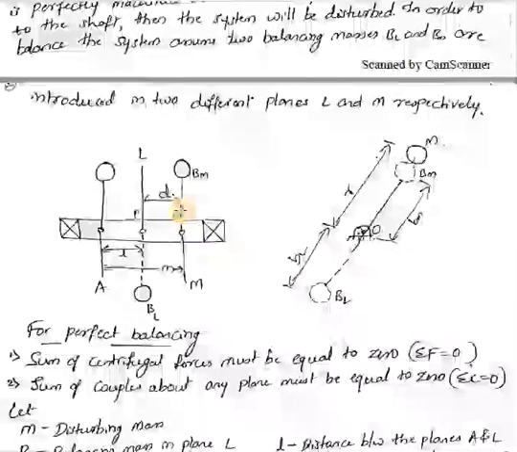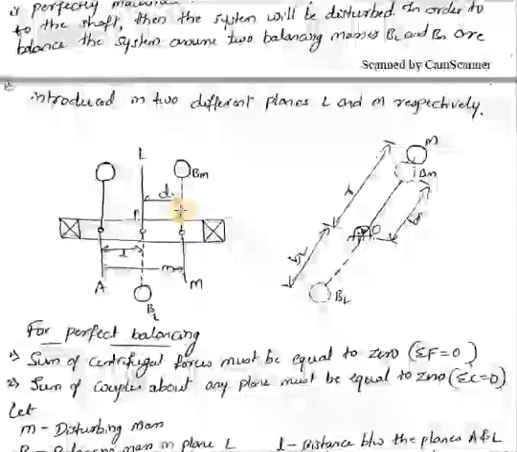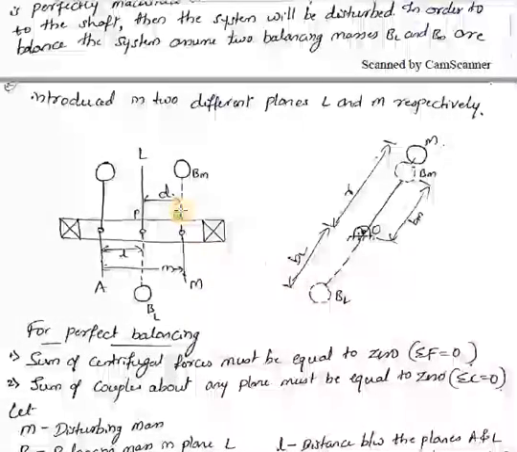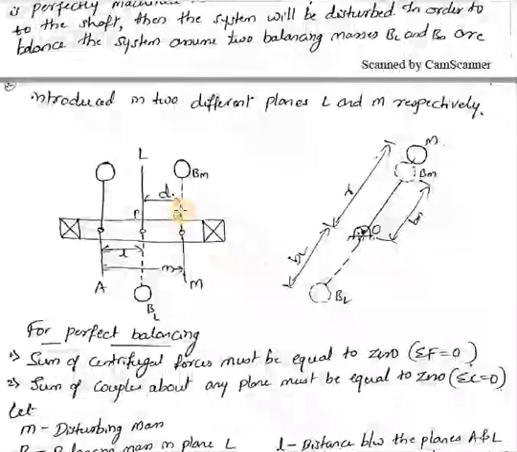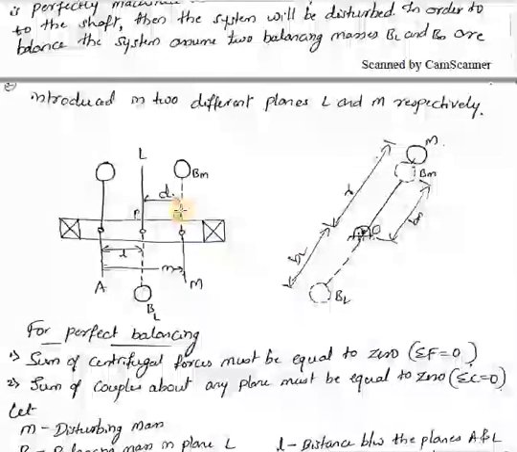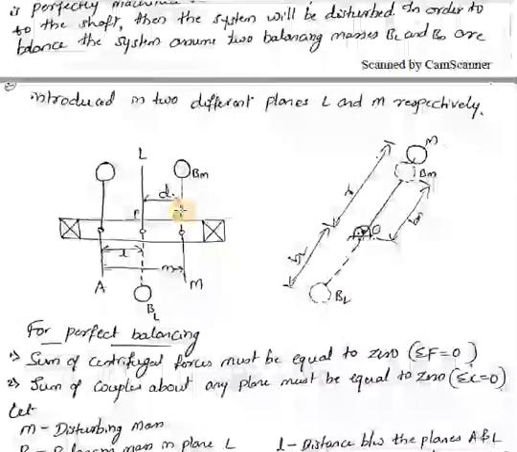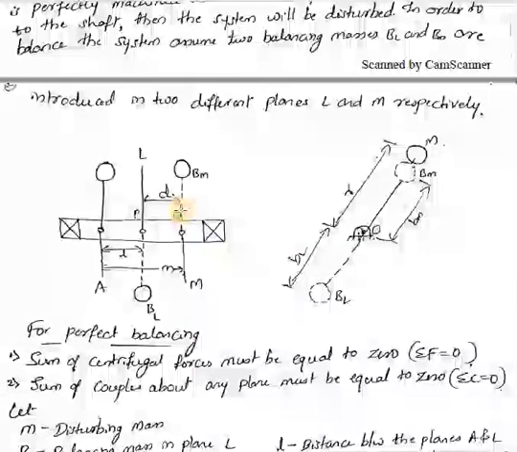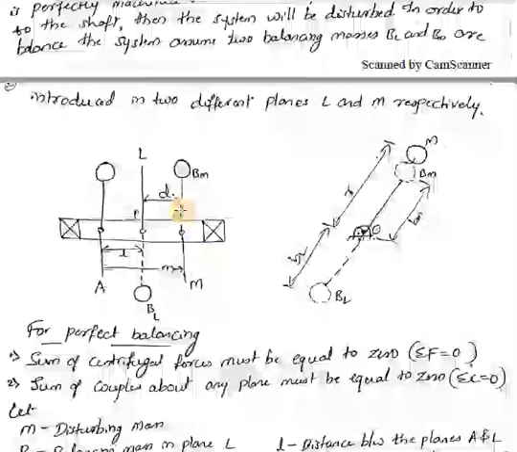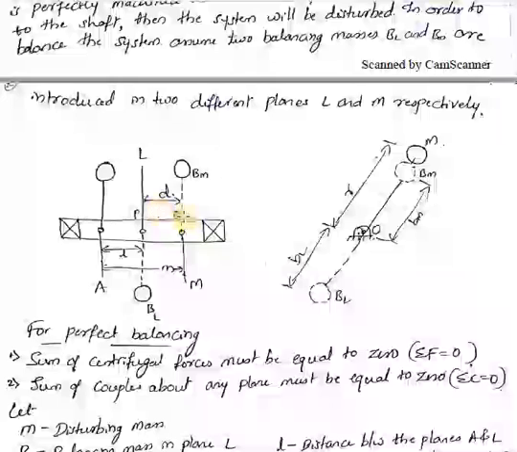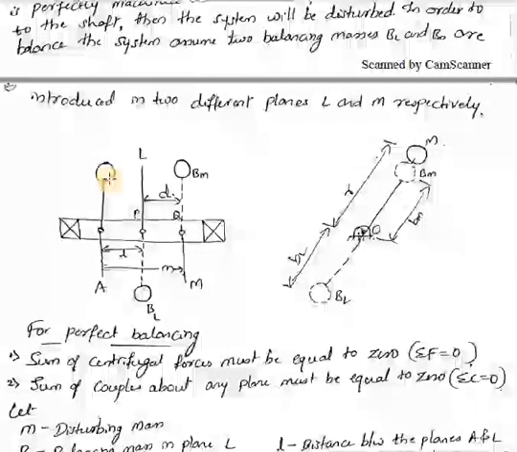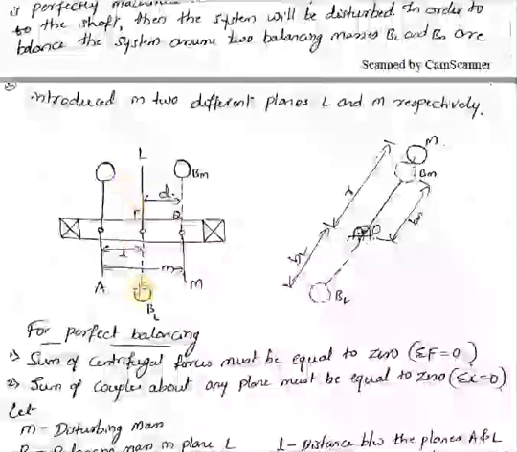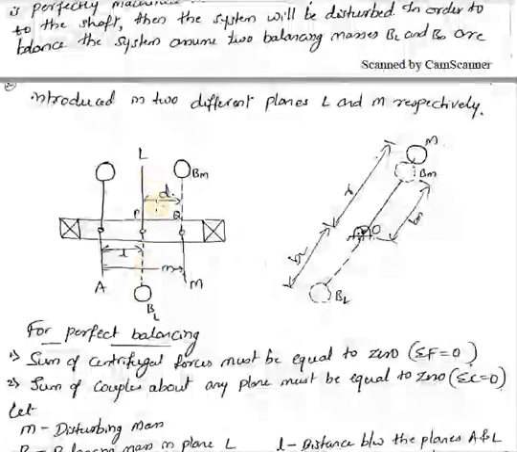If the balancing masses are placed in different planes, then a minimum of two balancing masses are required to balance the system, as in addition to the centrifugal force, the couples also have to be balanced. These are the attached masses for the balancing of this mass M, in the two different planes L and M.